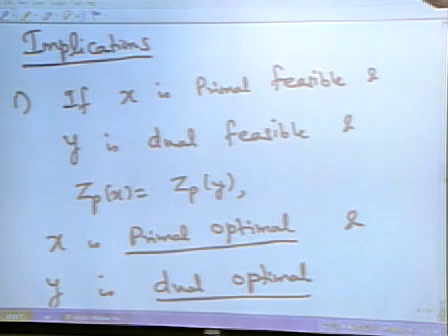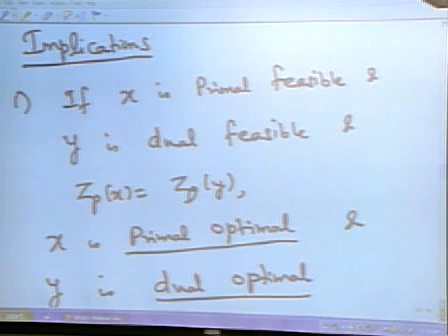To prove this, the only thing you need is weak duality. By weak duality, Zp of x is at most Zd of y. Therefore, if you find an x such that Zp of x is actually equal to Zd of y, then you know that there cannot be a better solution to the primal problem.